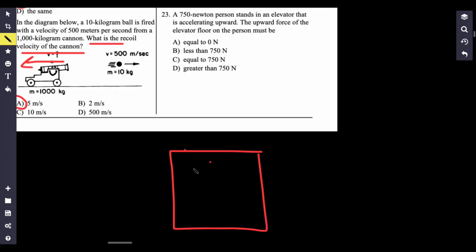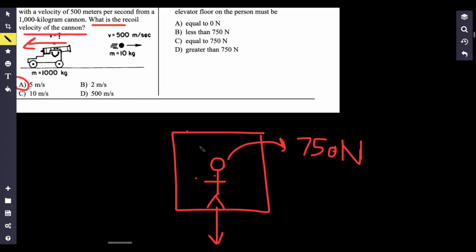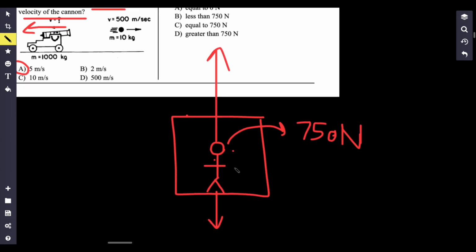So take a look at this. Imagine you're a person standing in the elevator and your weight is 750 newtons. However, you're moving upwards, so this upwards force has to be greater than the force that you exert downwards on Earth.